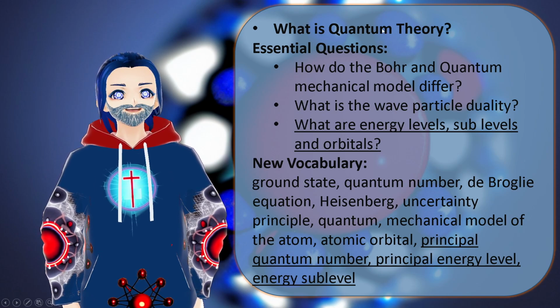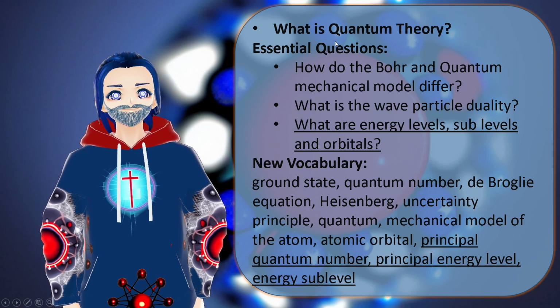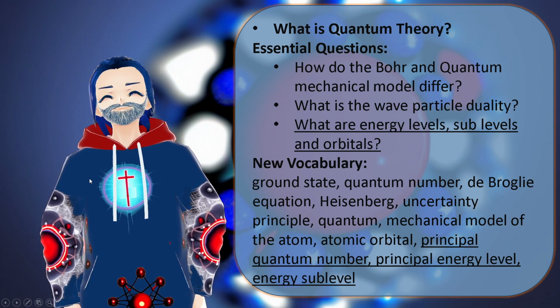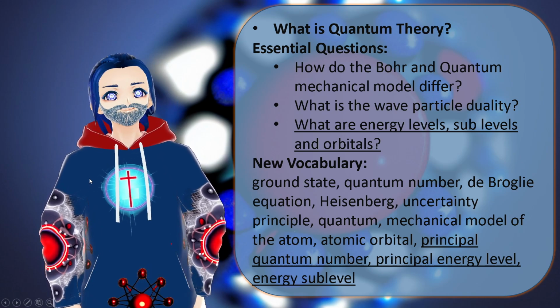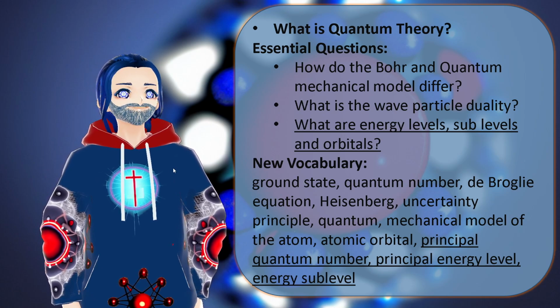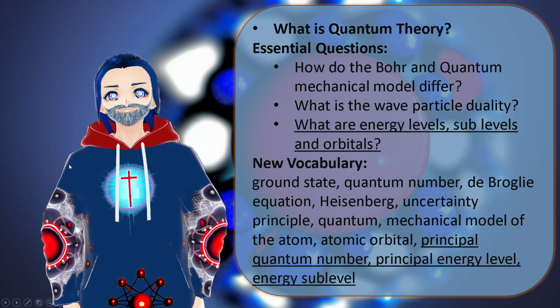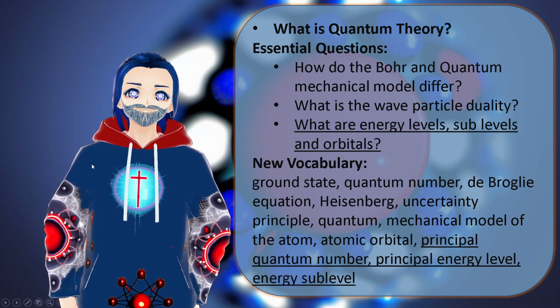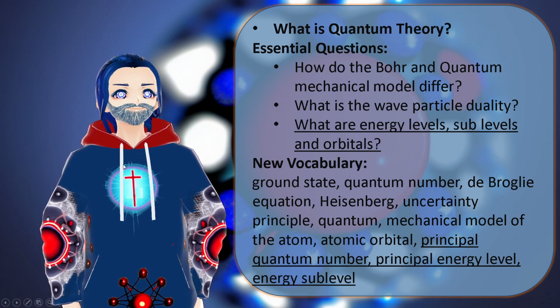And so, what is quantum theory, or what is the quantum mechanical model of the atom? It is an atom with electrons that move like waves that get further and further out with more and more energy as they get further away. So, hopefully this makes sense. Don't worry if you don't understand it all perfectly. We still have 2 more units in this chapter to get to, and we definitely will.